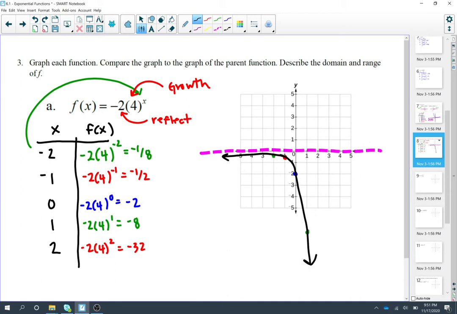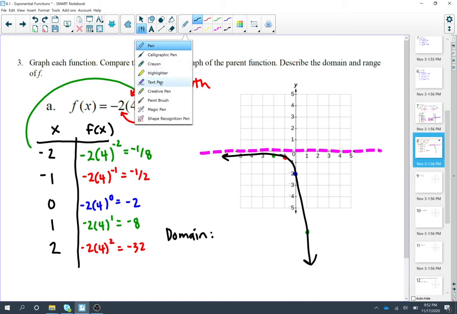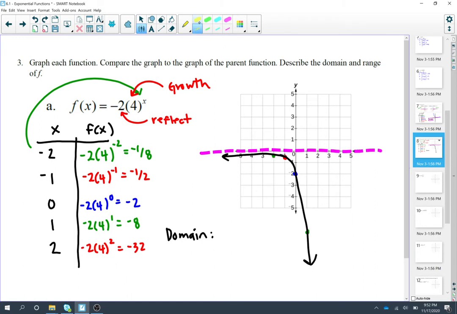Now, describe the domain and range. So I'm going to start with domain. Keep in mind, domain is all of your x values from left to right. If I grab my highlighter, going left to right, if I follow it out, I'm touching the black line there, and it has an arrow on it, so my domain is going to go to -infinity.